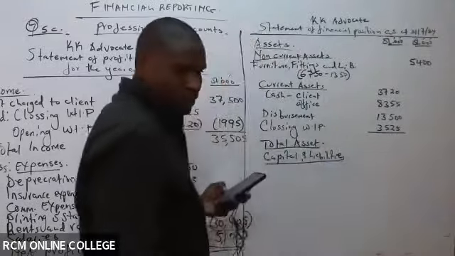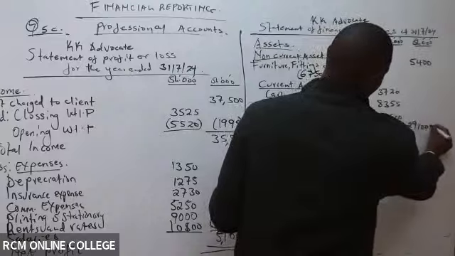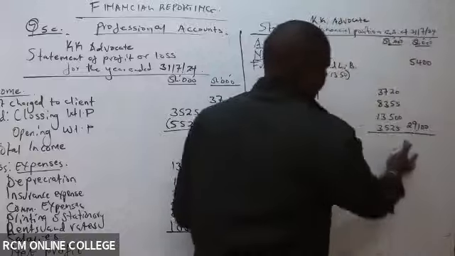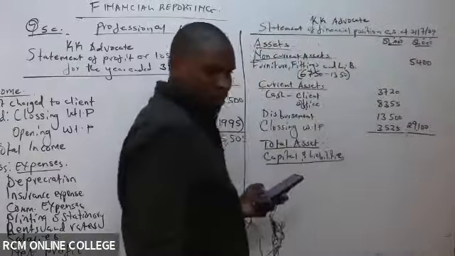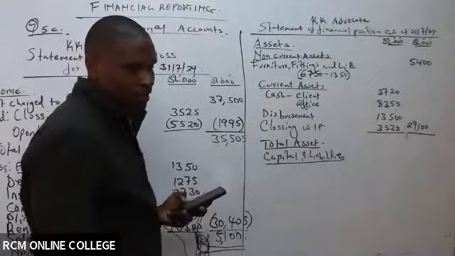So what's the total? 29,100. So what is the total asset? We add the two. You add the two, 5,400 plus that.